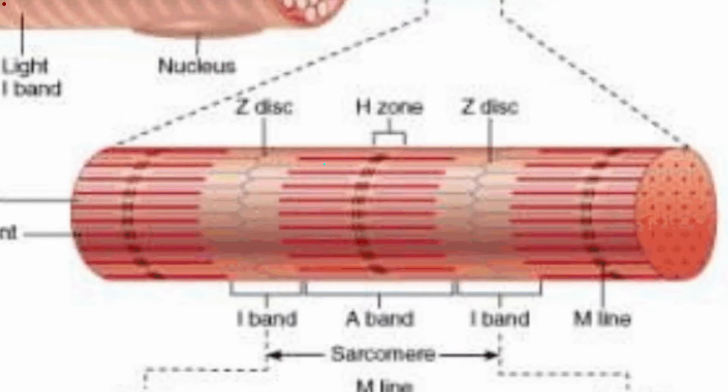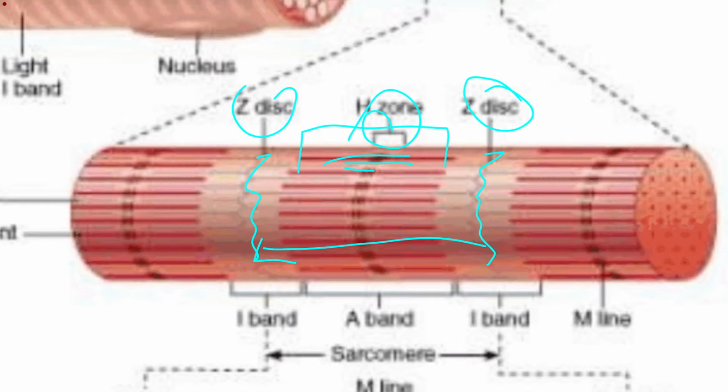We got our alternating bands of actin and myosin here. This is our Z line, right? So this is my A band, in the middle of it my H zone, my Z line in the middle of my I band. Okay, so from Z line to Z line is one contractile unit, or one sarcomere.